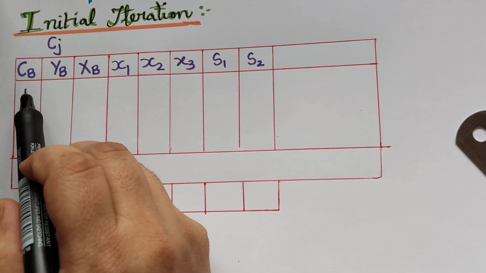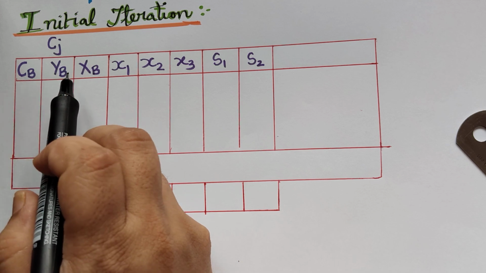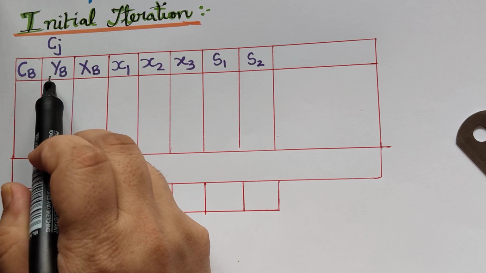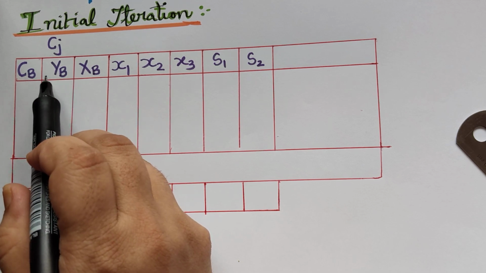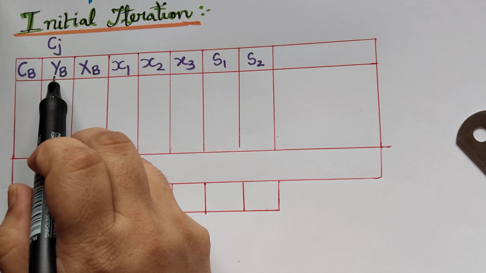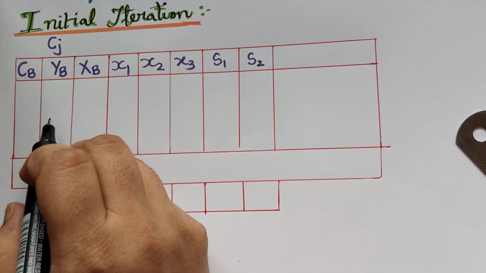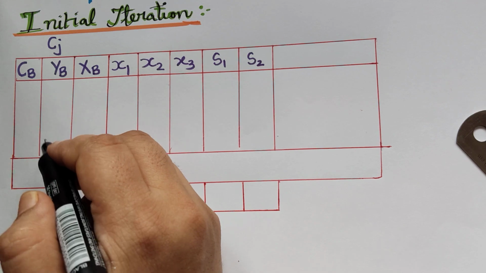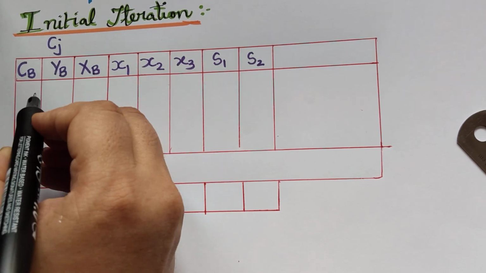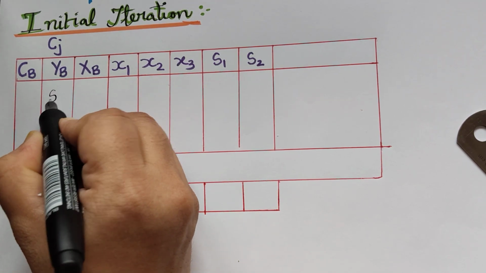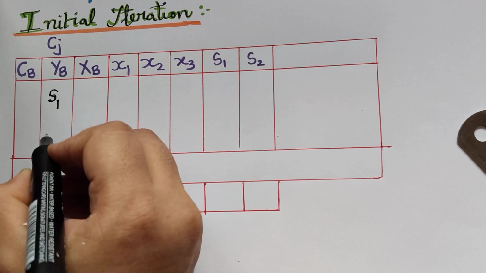The first column is CB and the next column is YB. Starting with the YB column, these are the basic variables that we have initially, which are S1 and S2.